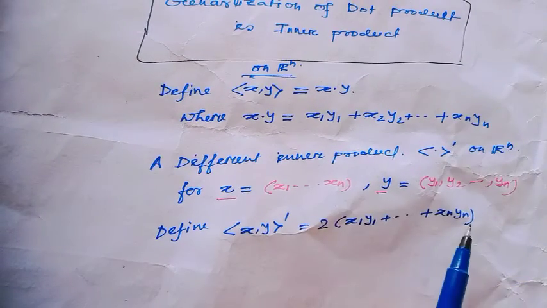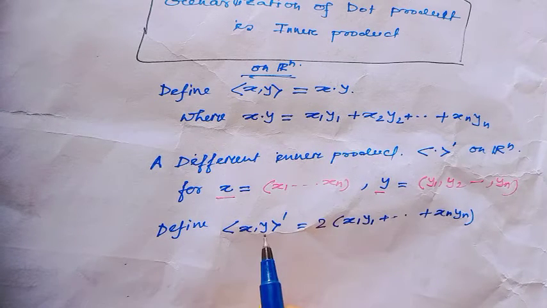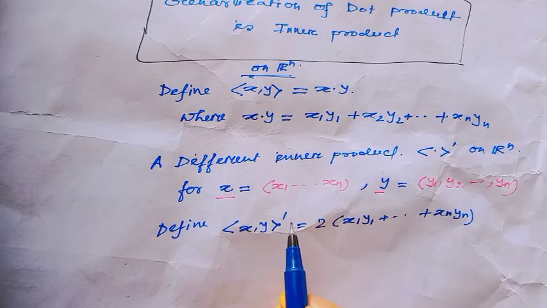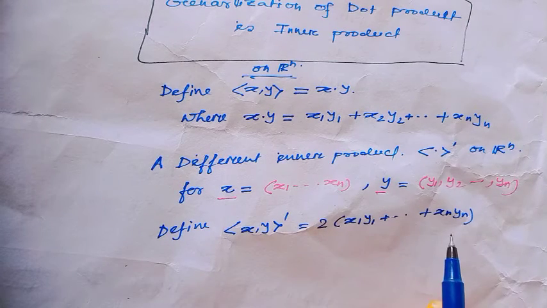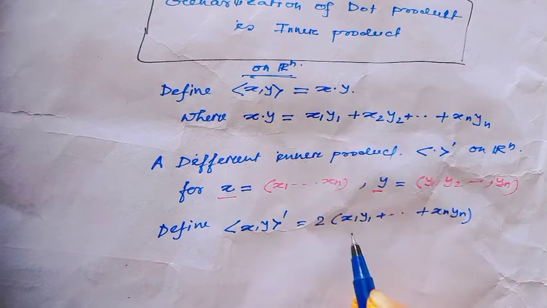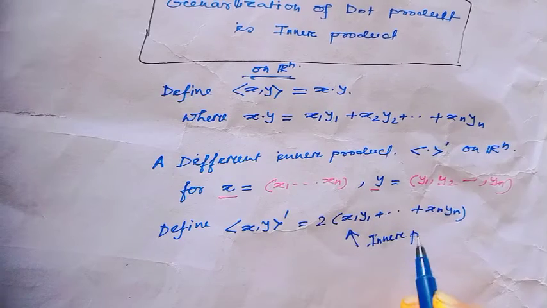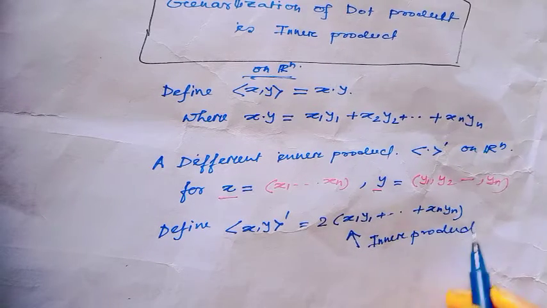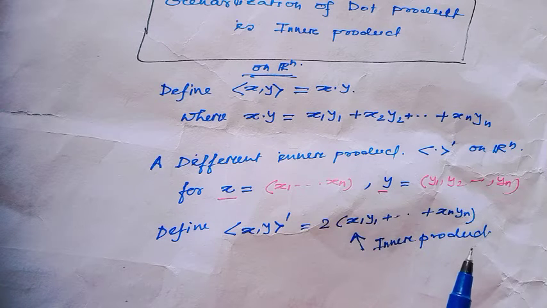Consider another inner product, denoted here as the inner product of x, y prime, which is equal to 2 times x1 y1 up to xn yn. Obviously, this is also an inner product, and it will satisfy all conditions of inner product.